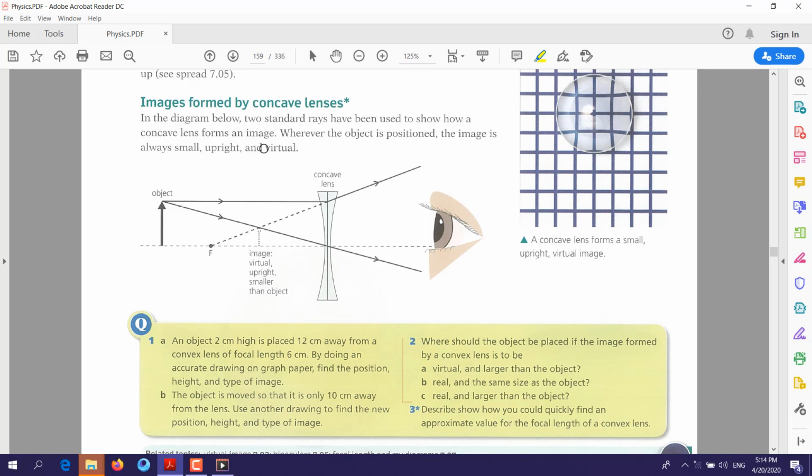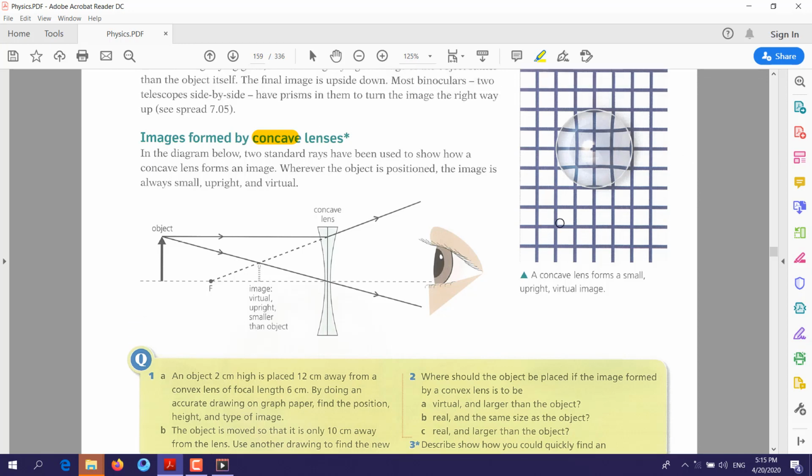Images formed by concave lenses. So if you look at this drawing, what do we have? It's the same as the first drawing, squares, and here we have a lens. But what kind of lens do we have? We have the concave lens. Now, what will happen when you use a concave lens?